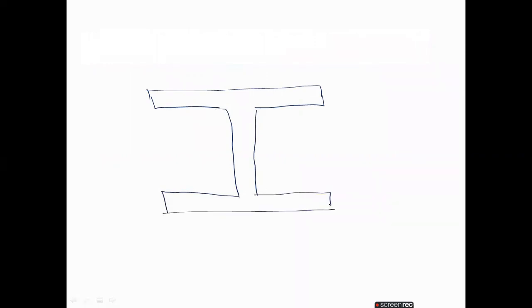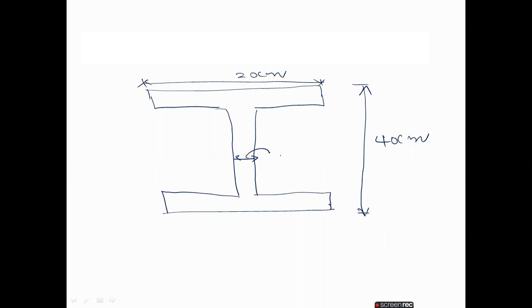The given dimensions are: the total length is 40 centimeter, the width is 20 centimeters, and the thickness is 1 centimeter. So here the flange thickness is 1 centimeter, and here the flange is 1 centimeter. So this is the given data.